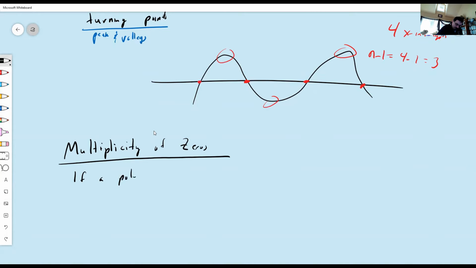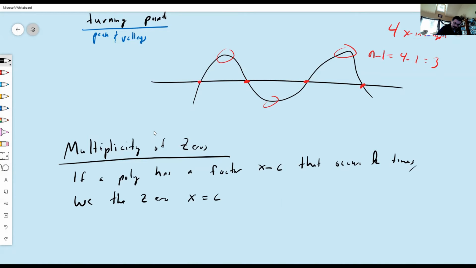If a polynomial has a factor x minus c that occurs k times, we say the zero x equals c has a multiplicity of k.